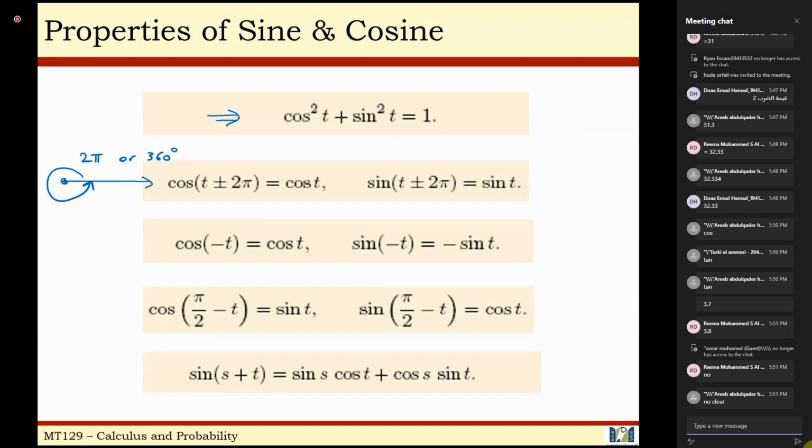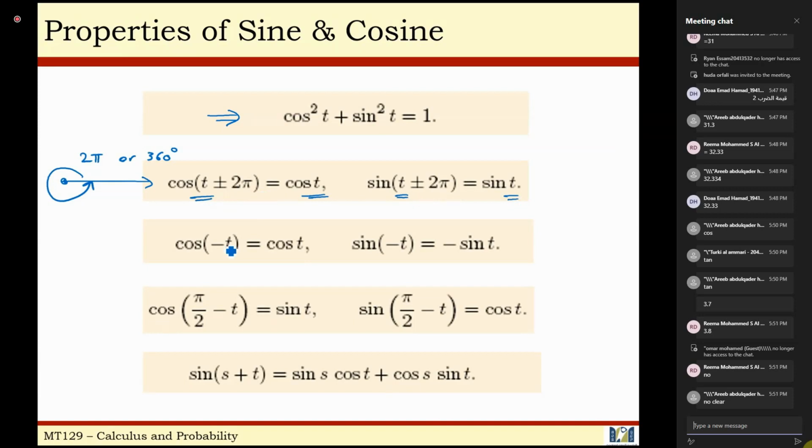So any angle moved by T plus 2 pi is the same angle. Cosine of T plus or minus 2 pi is cosine of T. Also the sine.